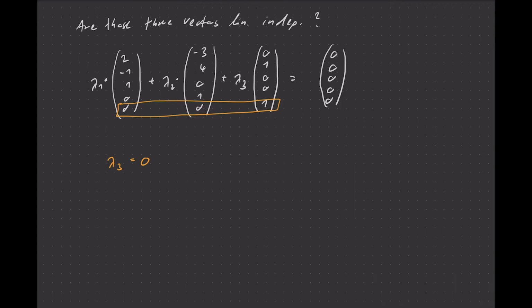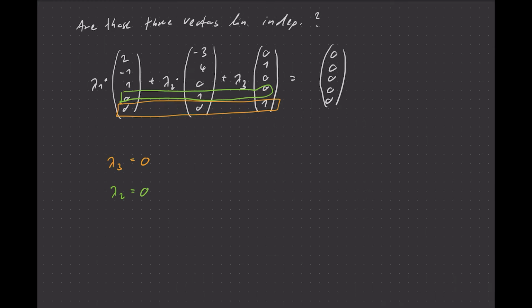So there's no other possibility for lambda 3. If we look at the second to last row, then we see the equation lambda 2 equals 0.